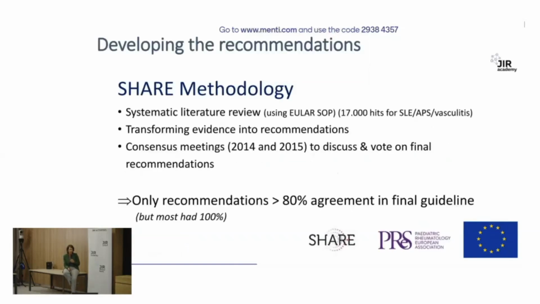And I think many of you are familiar with them, or maybe the younger ones not yet, but this was done by a systematic literature review at the start, and we used the EULAR standard operating procedures for that. We try to transform the evidence into recommendations, and then discussed these recommendations a few years ago with an expert panel, voted on them, and finally came to these recommendations.